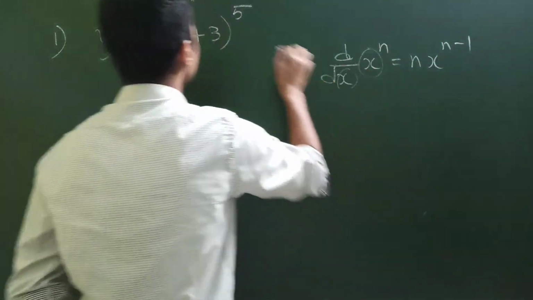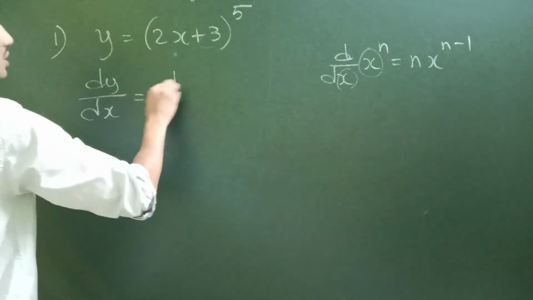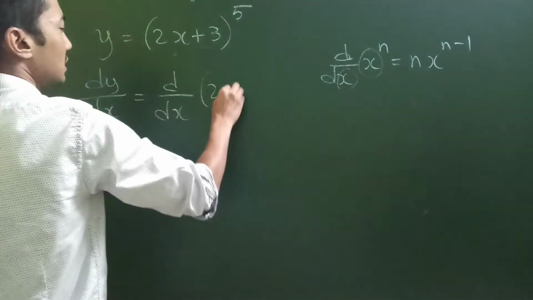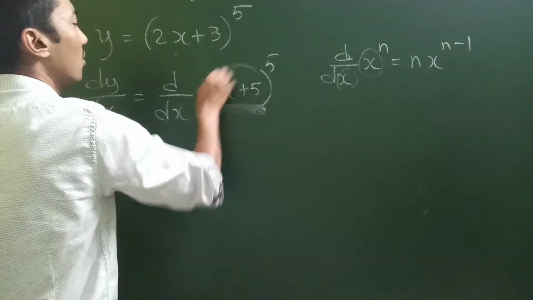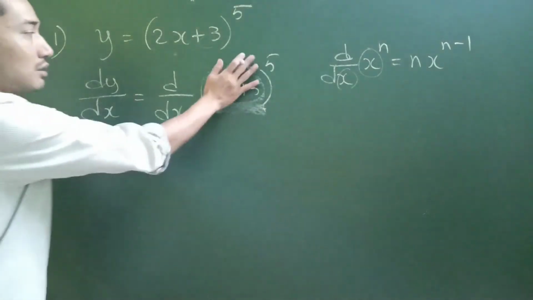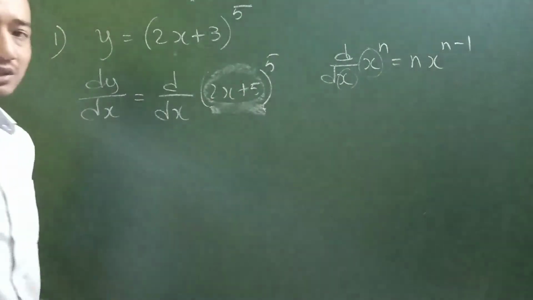The problem is the whole power 5. So this is supposed to be x, but it is not x as per the formula, so there's a small change.